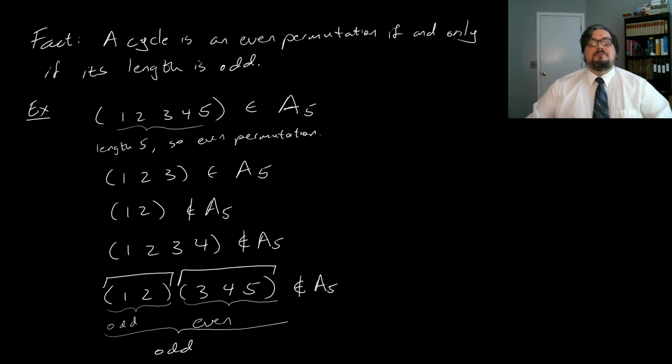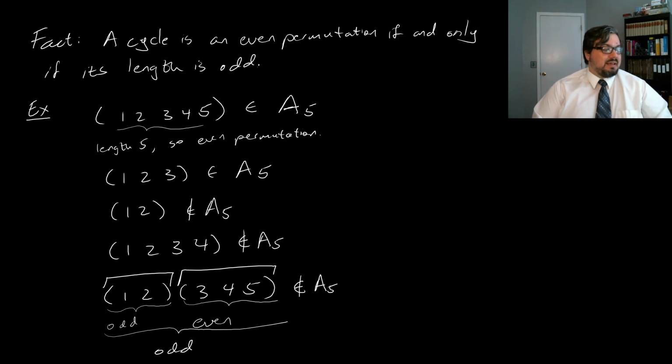So the form of a permutation in terms of its cycle decomposition can tell you immediately whether that belongs to the alternating group or not.